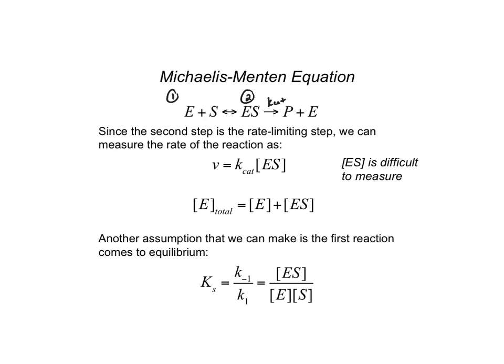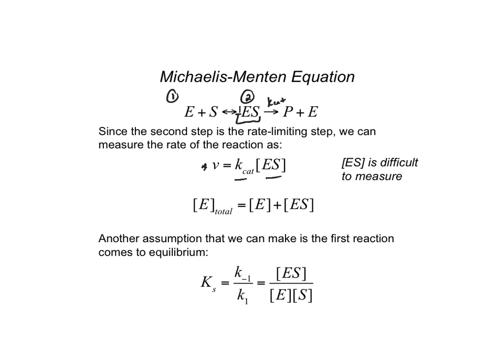So it's first order with respect to who? ES, right? So because of that, the rate for this reaction is going to be just the rate law of this second step, which is k-cat, the rate constant, times ES, first order, because again, it's an elementary step, and there's a 1 in front of it, okay?